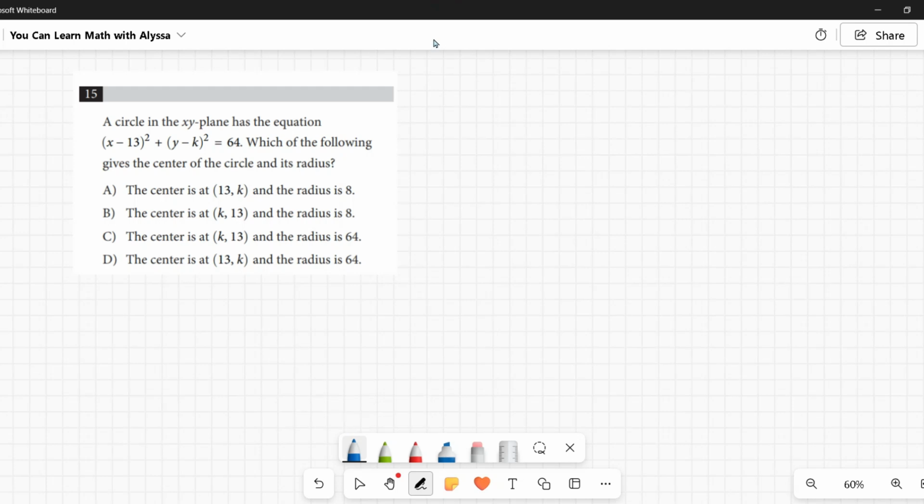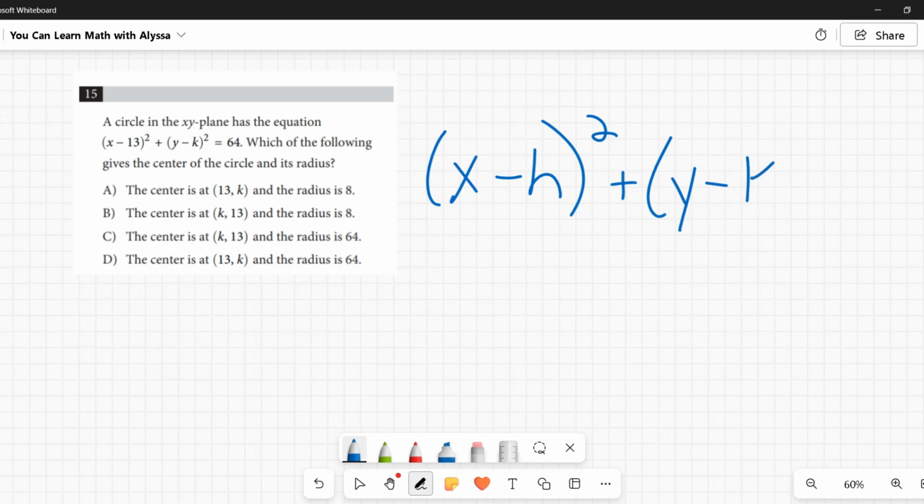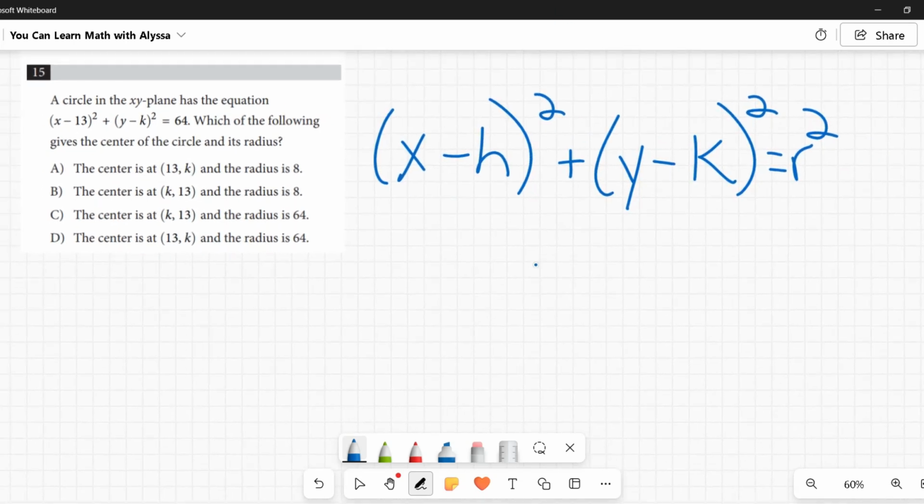Equations of circles follow this format that looks very fancy, but it's really very straightforward. It's (x minus h) squared plus (y minus k) squared equals r squared. So h and k is the center of the circle and r is the radius. And that's it.